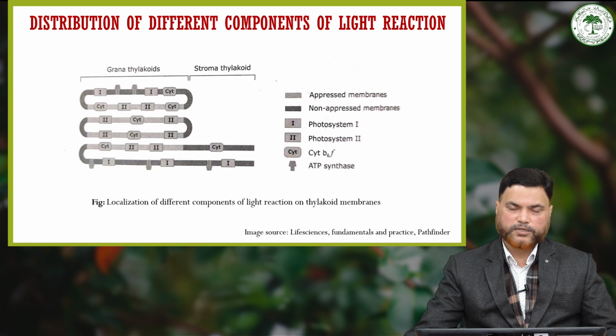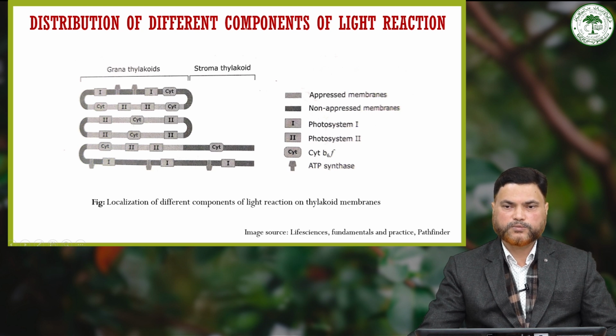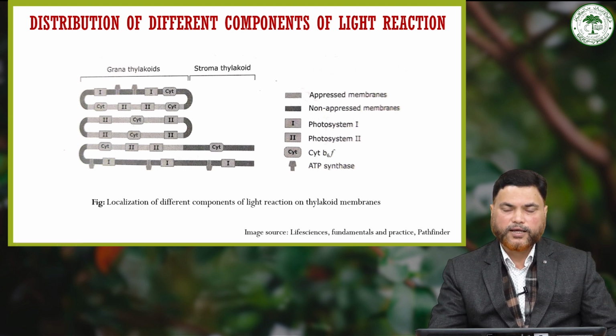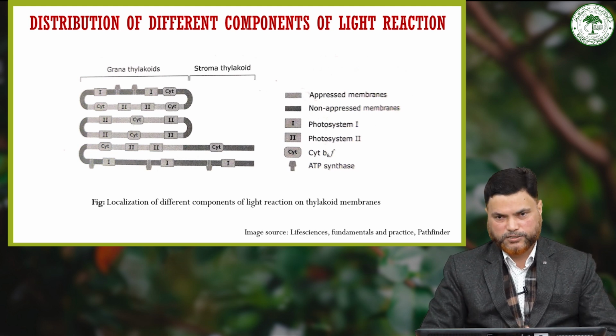Now, I will elaborate a little bit on what the appressed regions contain. The appressed region of the thylakoid membrane refers to areas where thylakoid membranes from adjacent grana stacks come into close contact, or you can say are tightly packed together in stacked form. These regions are characterized by tight stacking of the grana, resulting in a very compact and organized structure.